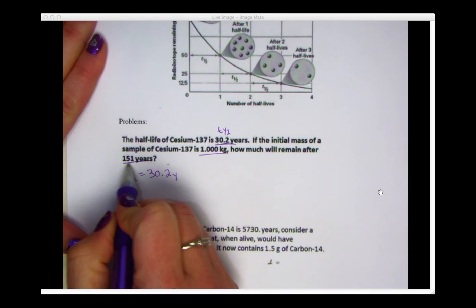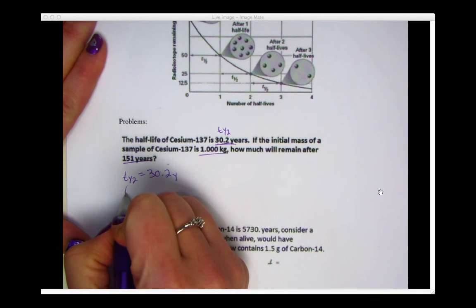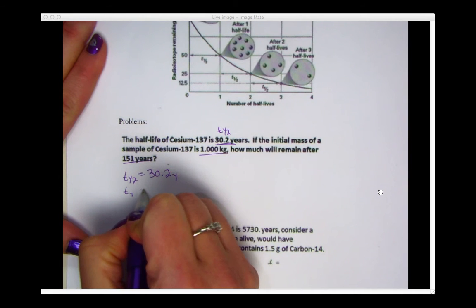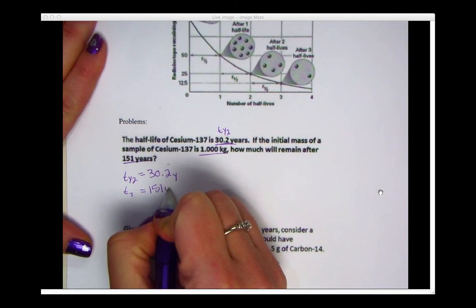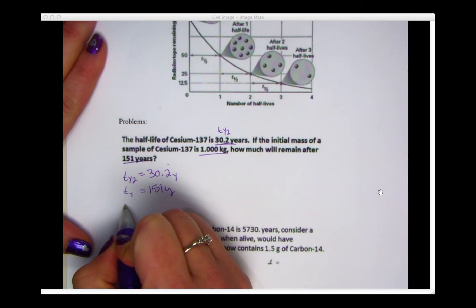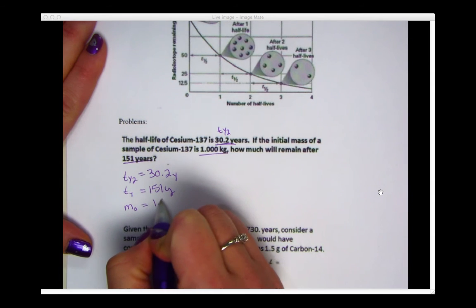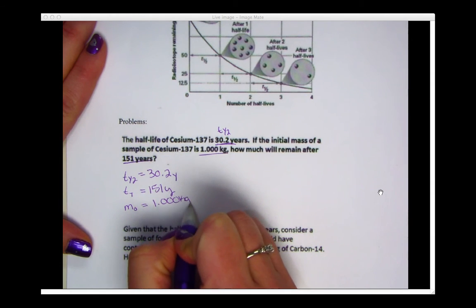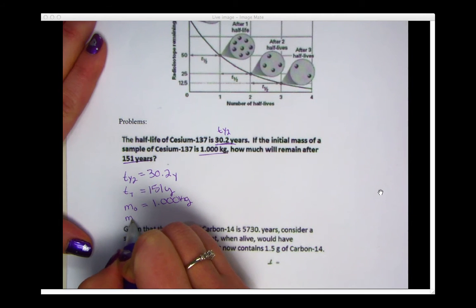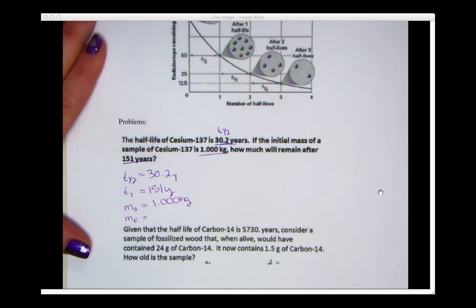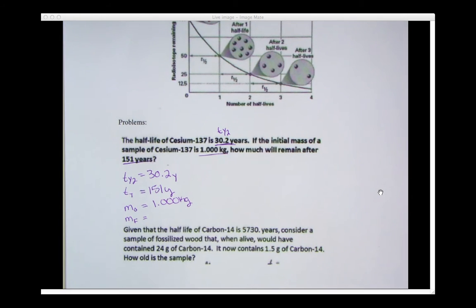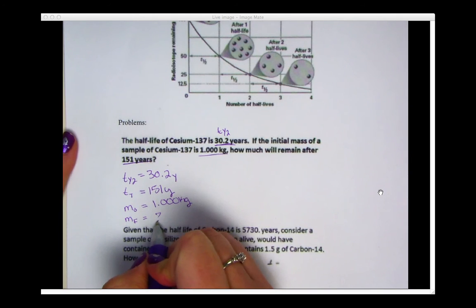This is our total time, 151 years, and our original amount is going to be 1 kilogram. We want to know how much is left in the end result, so I'm going to call that our final. So we have the mass of our original sample and our final mass, and it's asking us to solve for our final mass this time around.